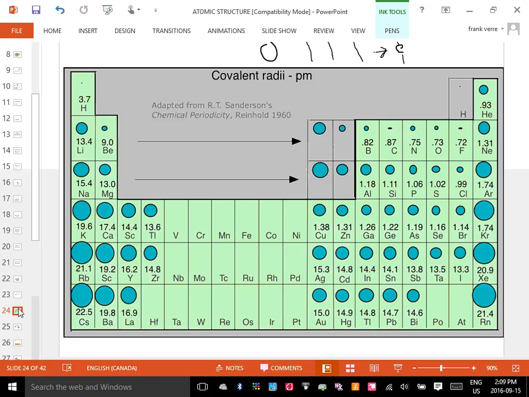And as you move down, the electrons are moving further away because there's more electrons on the inside repelling them, so they should be easier to steal. So the ionization energy will increase to the right and decrease as we go down. Okay? Again, this is all related to the way the atom is structured.